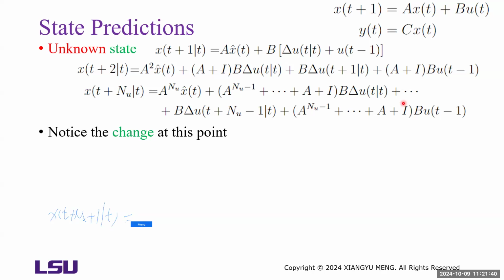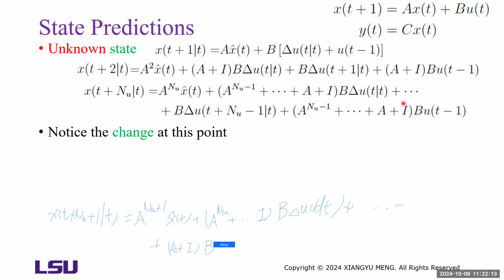Based on the general pattern, we have A to the power of nu plus 1 x hat t. The polynomial starts from one degree less, so it'll be nu, until I B delta u t|t, to the last one. Sorry, not the last one, so be B.